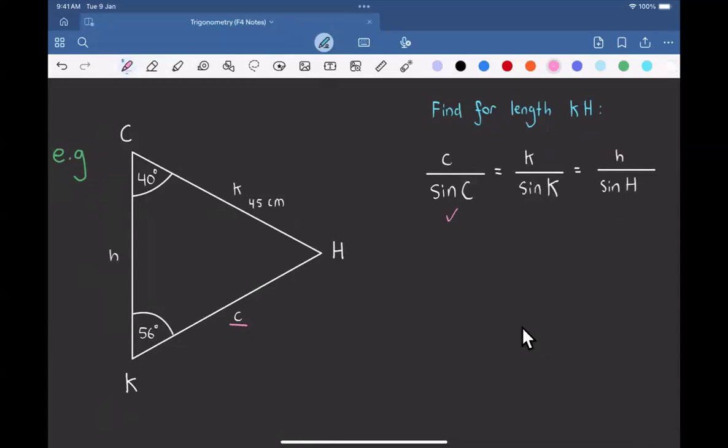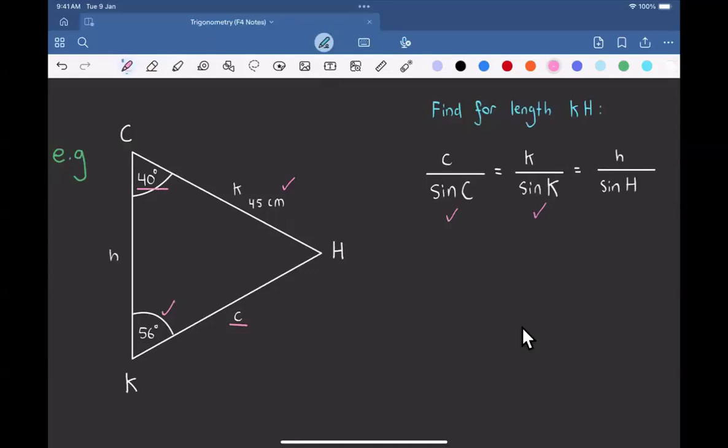K. I have the angle for K and the side for K. That is how we figure out which two to use. Nicholas, you catch that? I'm going to explain it one more time. Brianna, you remember that?